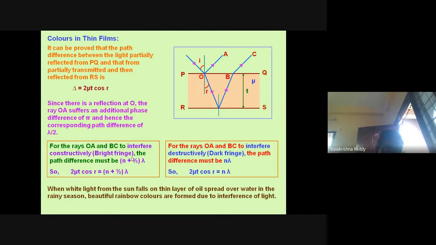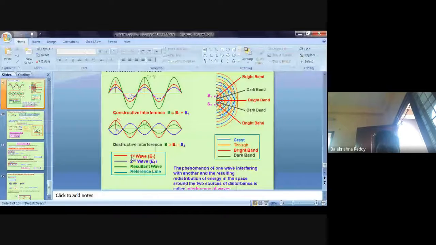You should remember the path difference 2 mu t cos r, which is the path difference in the case of a film. This is all about the interference of light through the thin film and Young's double slit experiment. This is the complete scenario of interference of light and its intensity distribution, and we also studied the sustained interference conditions.